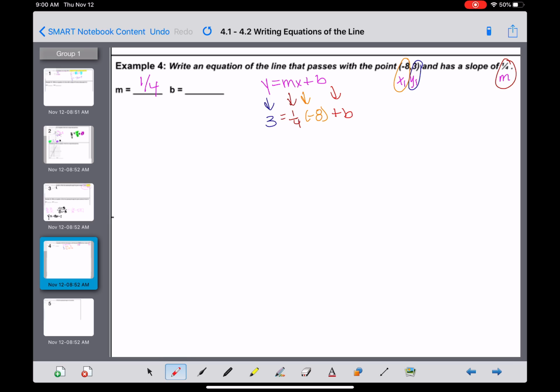So I substituted in 3 values that we were given. So to solve, I'm going to simplify. 1/4 times negative 8 is negative 2. Then I add 2 to both sides to get a y-intercept of 5. My final line, y equals 1/4 x plus 5.